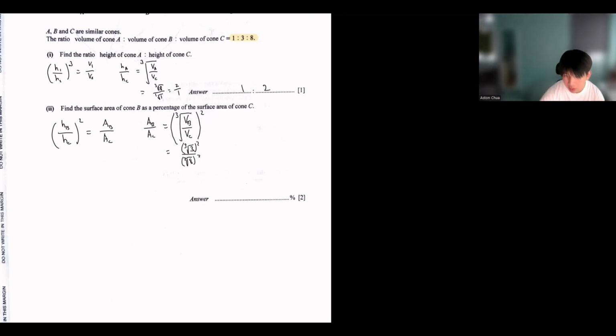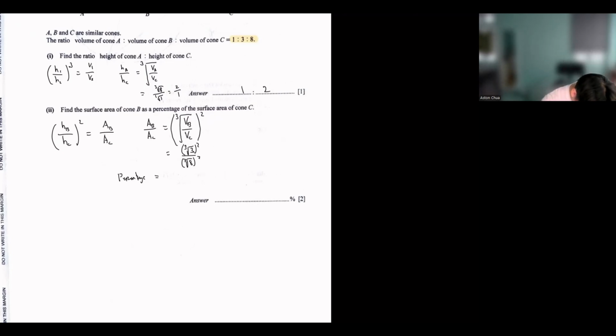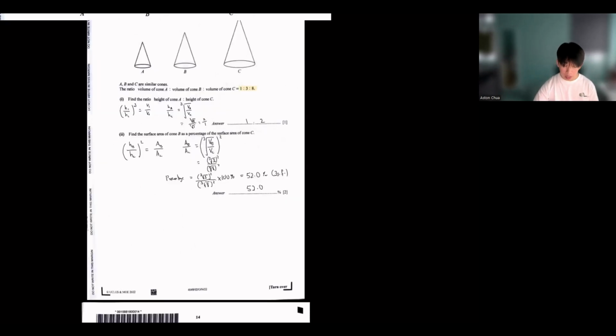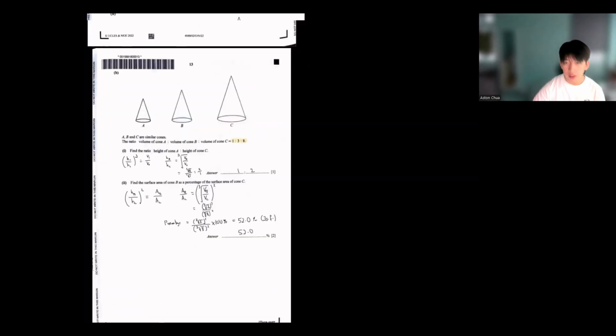Then in order to find the percentage itself, percentage is just cube root 3 to the power of 2 over cube root 8 to the power of 2 times 100%. So this will give you the answer of 52.0% after rounding off to 3SF. So that is your answer for part B, part 2. Okay, so that's it for question 5.